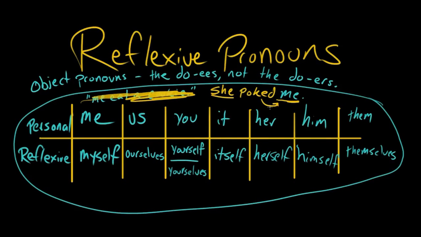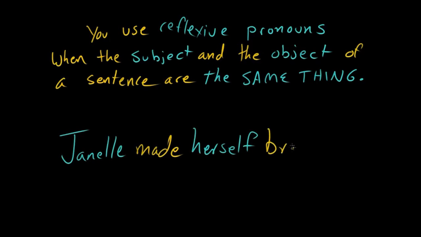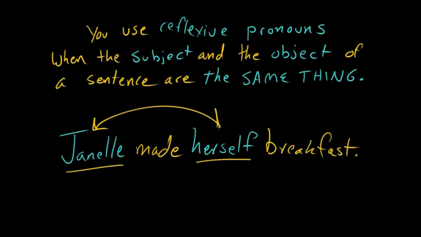But when do you use reflexive pronouns? You use reflexive pronouns when the subject and the object of a sentence are the same thing. Let me show you an example sentence. Janelle made herself breakfast. So in this sentence, herself and Janelle, the same person. As opposed to the other possibility, which is Janelle making breakfast for someone else.